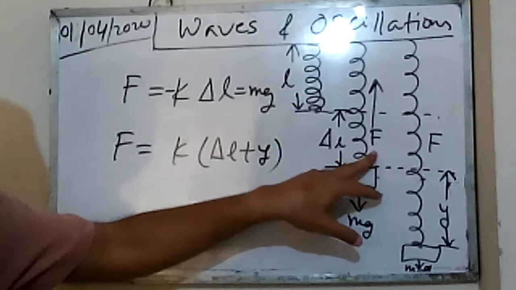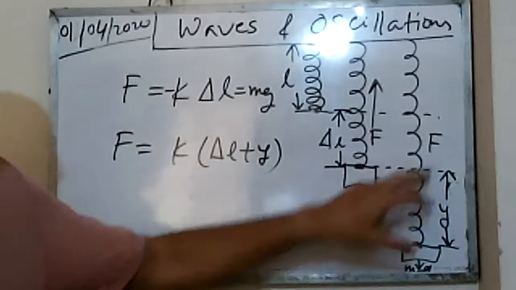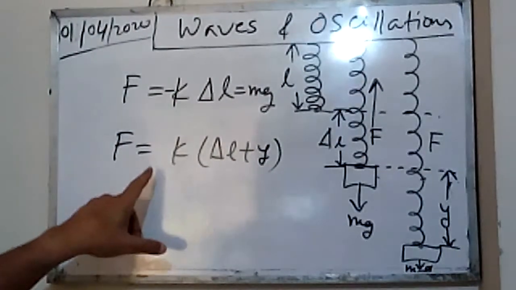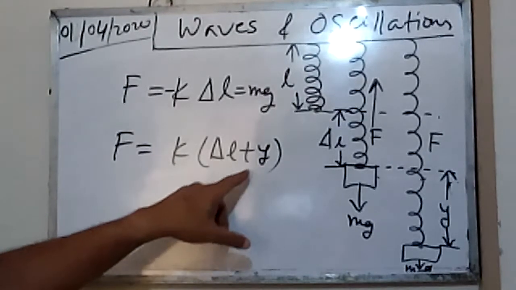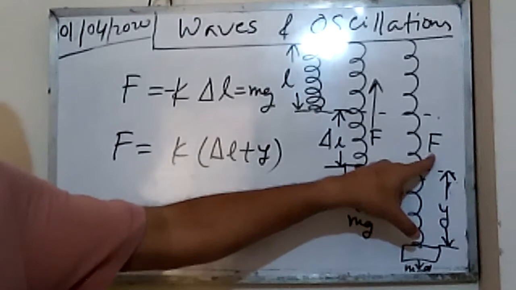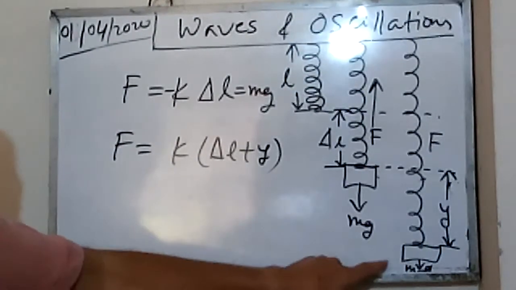Here F equals K del L, but at this position F must be K(del L plus Y).